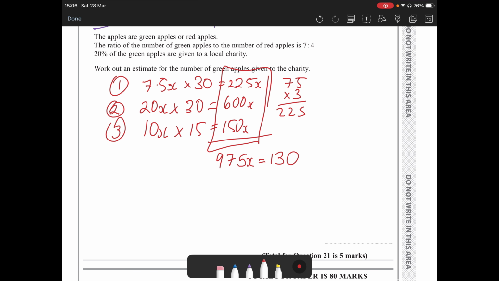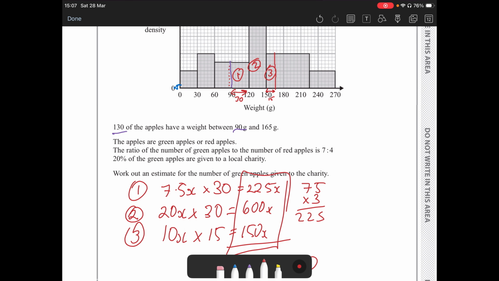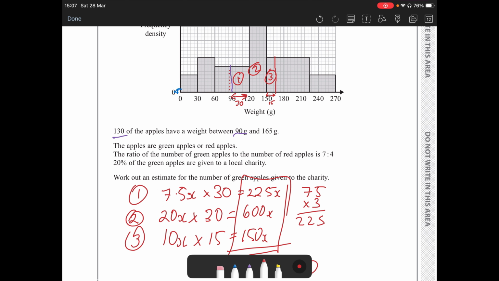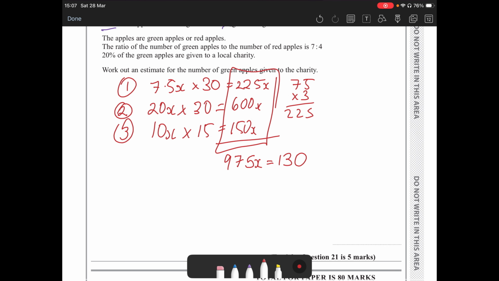So the area of all the little squares, just making sure I've not made any mistakes. I don't think I have.